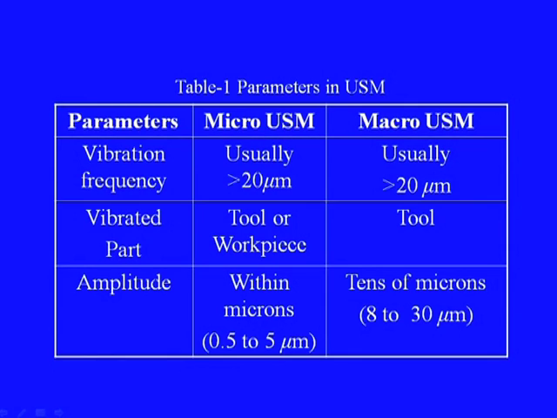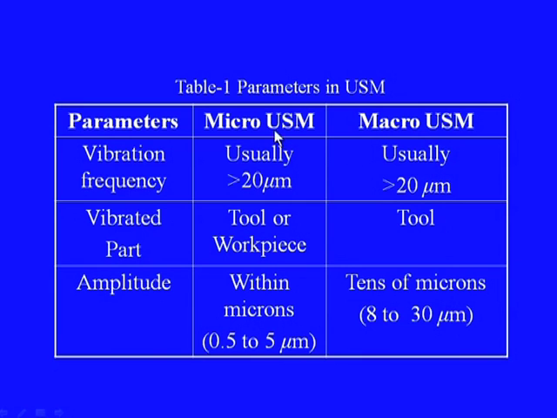Let us see where we differ as far as micro USM and macro USM are concerned. The vibration frequency is in both cases in the ultrasonic range, that is greater than 20 kilohertz. The vibrated part can be either the tool or the workpiece in case of micro USM, but in macro USM generally the tool is vibrated.